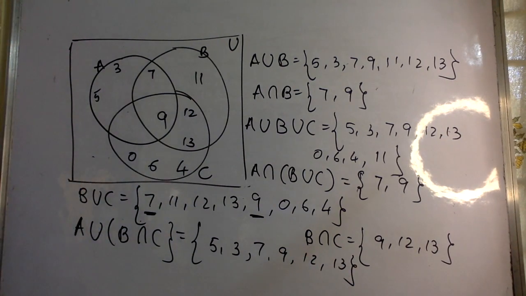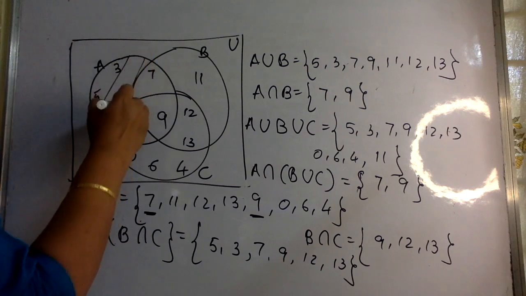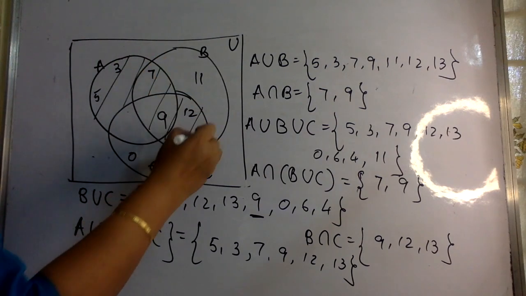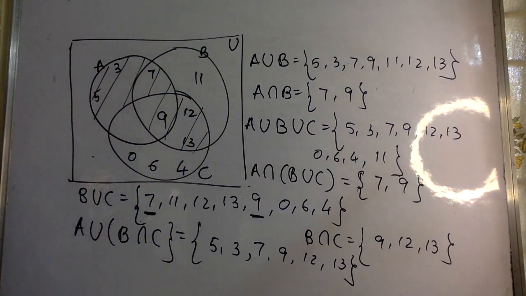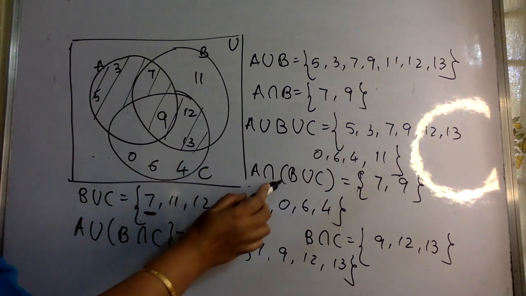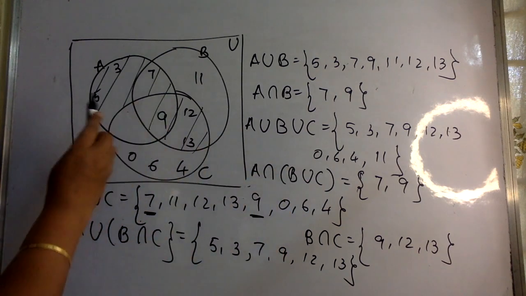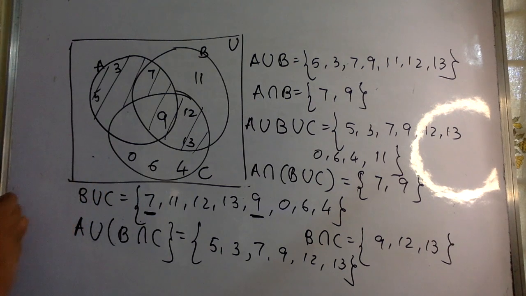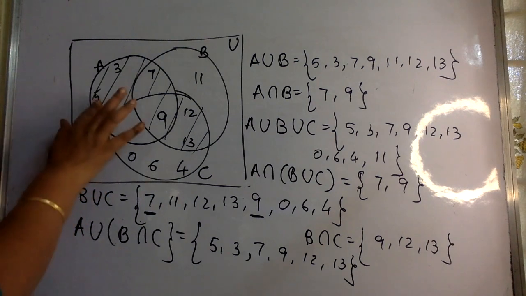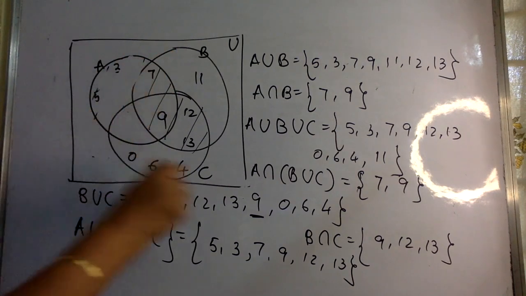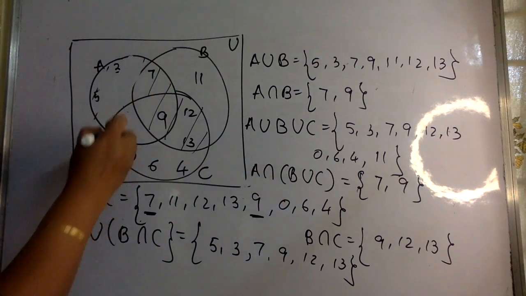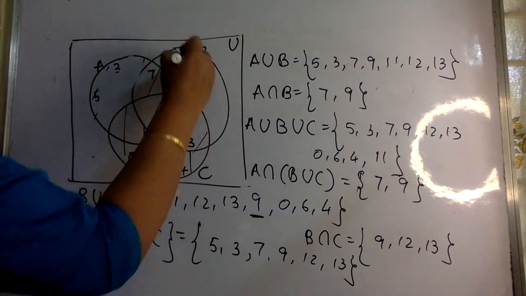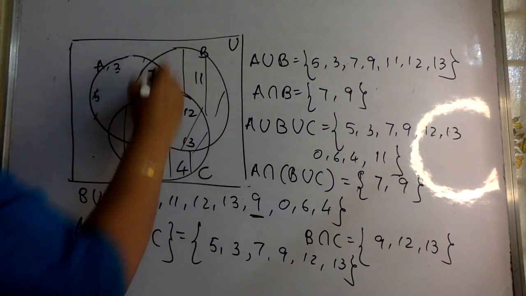Okay. So basically when they say A union B intersection C, you know what I should shade? I should shade this. If they say A intersection B union C, for this part, this is the shaded portion, the entire shaded portion, this and this also.